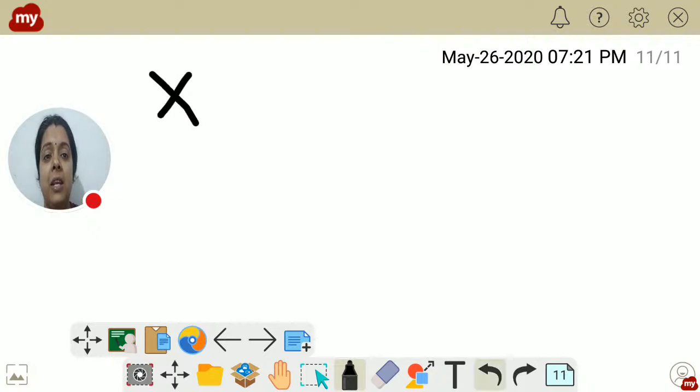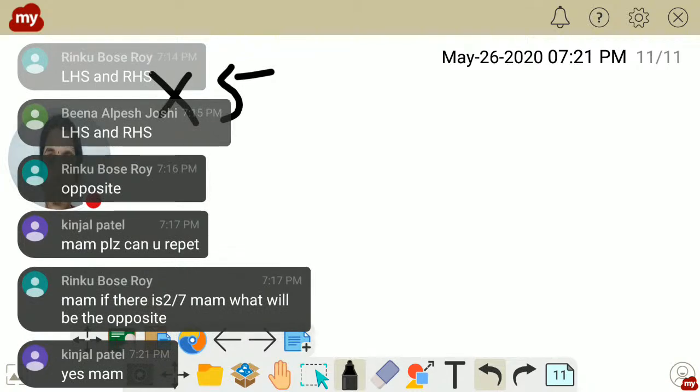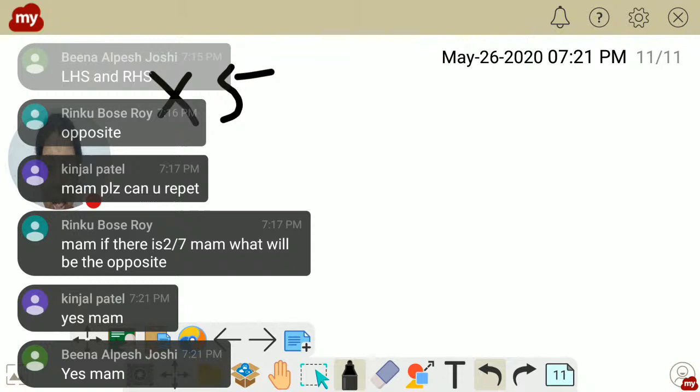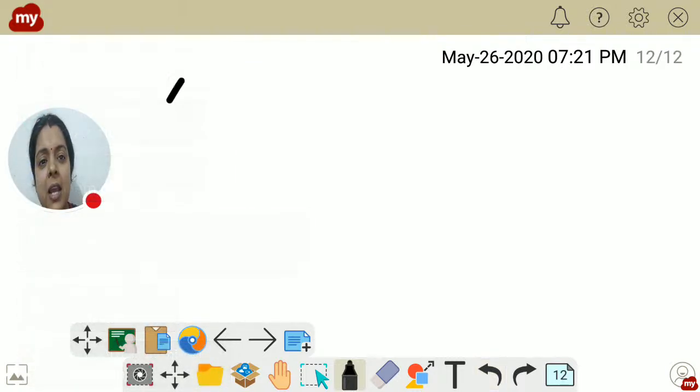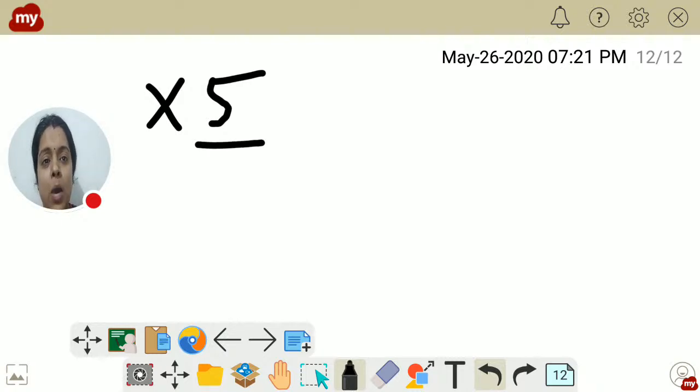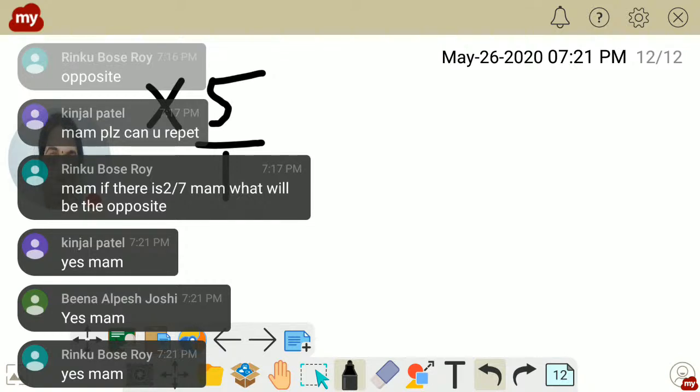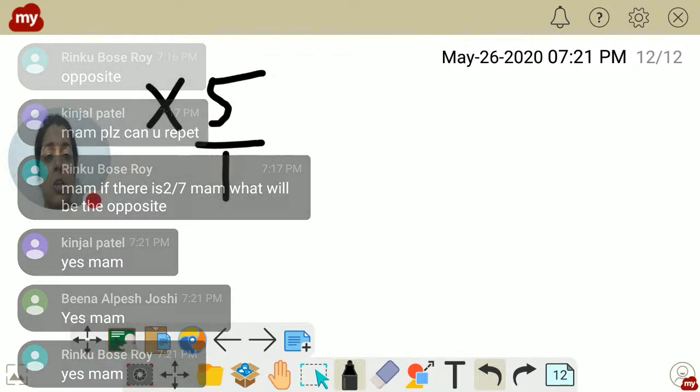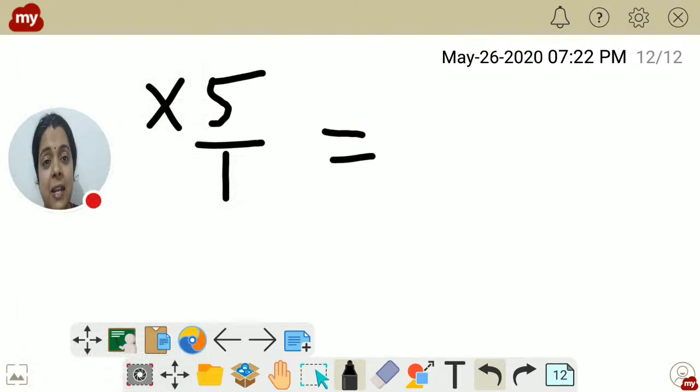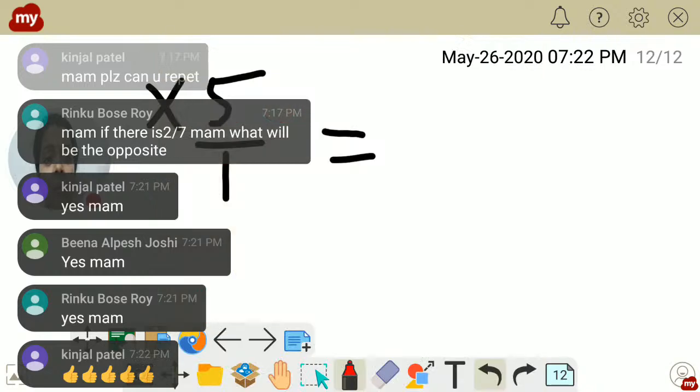So what do you find here? Multiply 5. You also know that when a number is given in multiplication form, there is an invisible 1 mentioned there, right? If any number is multiplied by 5, 1 is always used as the denominator. So when I want to shift it to the right hand side, what will happen here?